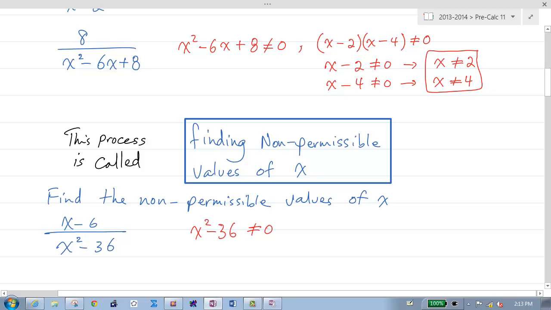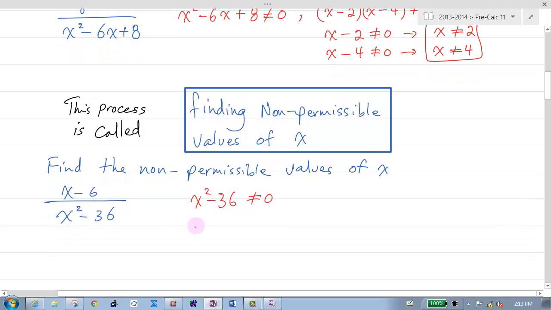With the form that I've been given, the denominator of this rational expression cannot be equal to 0. I'm going to factor it. This is x minus 6 times x plus 6 because it is a difference of squares. This cannot be equal to 0.